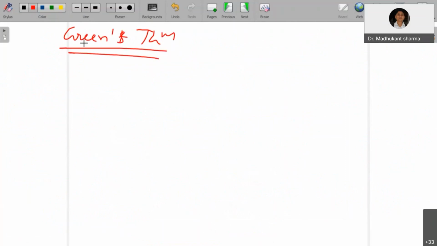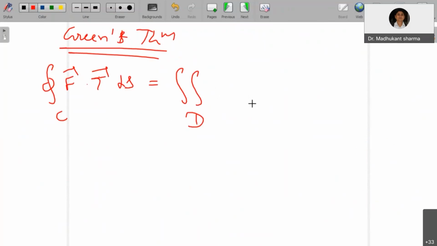Green's theorem gives you the integral over C of F dot T ds, the circulation, which is going to be a double integral over D, where D is the region enclosed by C, of the curl of F dot K component dA.